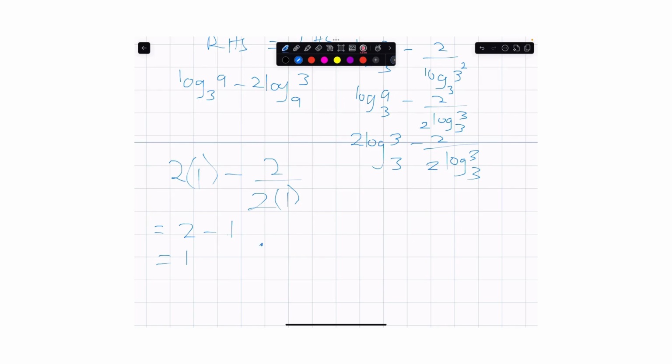Therefore, what we've simply proven here is that our right hand side is equal to our left hand side, giving us the assurance that indeed either x is equal to 9 or x is equal to a third. You can now try and prove with 1 over 3. So this is the trick that I want you to master and make sure that you're comfortable with.